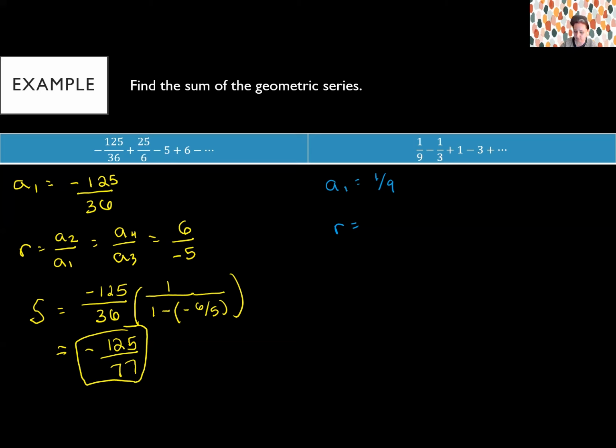Okay, that's great. And this is another one where I would take the -3 over 1. I would do the A4 over A3 in order to figure that. So we've got R is -3. So go ahead and find me the sum.